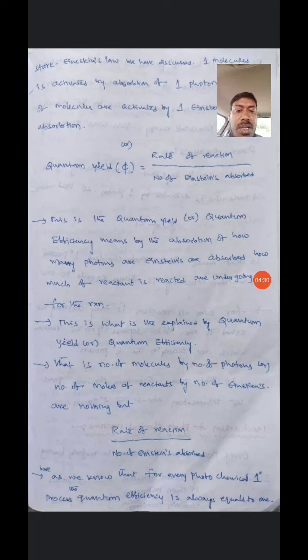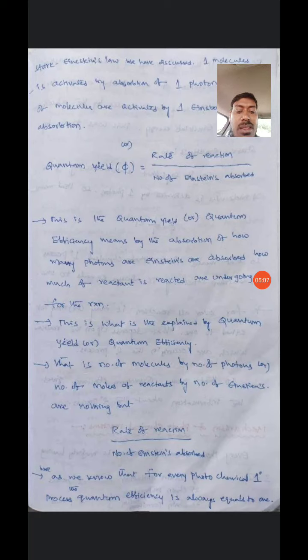So this is the quantum yield or quantum efficiency. That means by the absorption of how many photons or Einsteins, how much reactant is reacted or undergoes the reaction. This is what is explained by quantum yield or quantum efficiency.